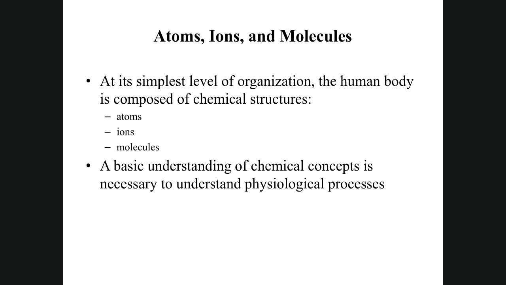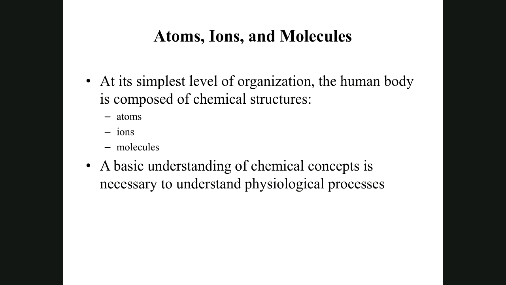First off, obviously, whenever we start to talk about chemistry, we begin with atoms. So let's begin talking about the basics of chemistry, and then focus on atoms to understand how all of this chemistry comes about. At the simplest level of organization, the human body is composed of atoms, and then we put two or more atoms together and we can create molecules.